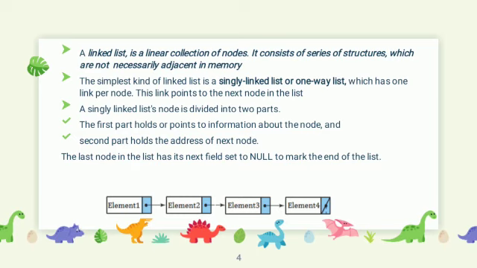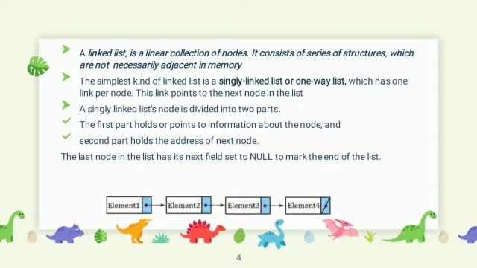Before that, what is a linked list? We already saw that a linked list is a linear data structure which consists of a series of nodes. Here each node contains two parts. The first part is the data part and the second part is the link part.